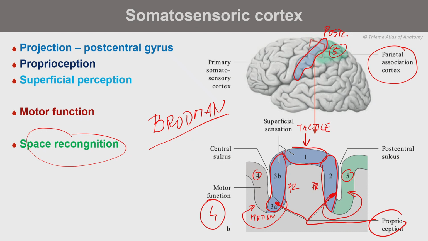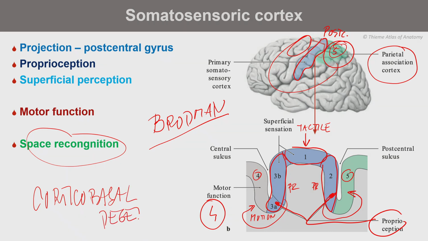So when some patient has a problem in this cortex, and typically it's associated with the prefrontal and premotor cortex, those patients have a problem recognizing his or her upper extremity, for example. So this is a disease which is called corticobasal degeneration. They have a sign which is called the alien limb.